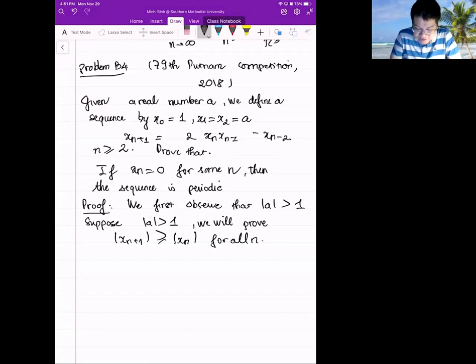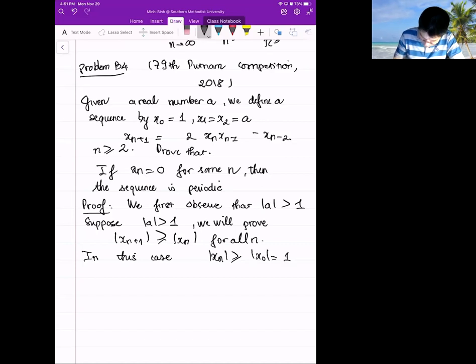So in this case, you cannot have that x_n is equal to 0. In this case, x_n has to be bigger than x0, which is 1, for all n, and x_n equal to 0 cannot happen.